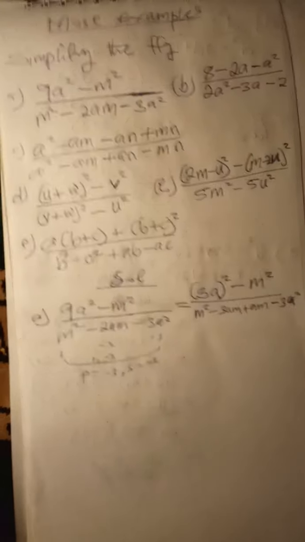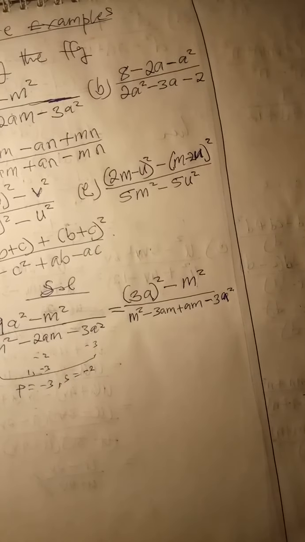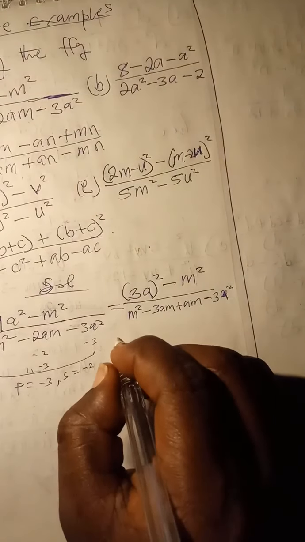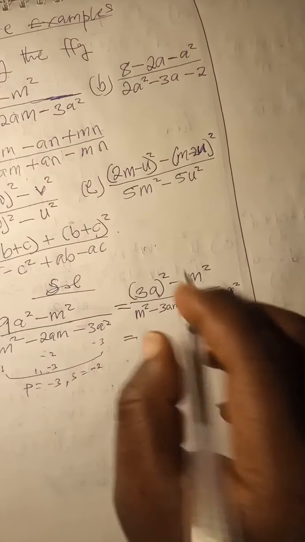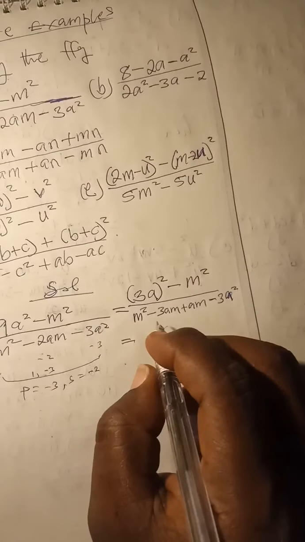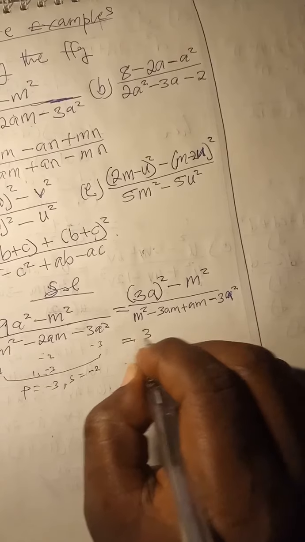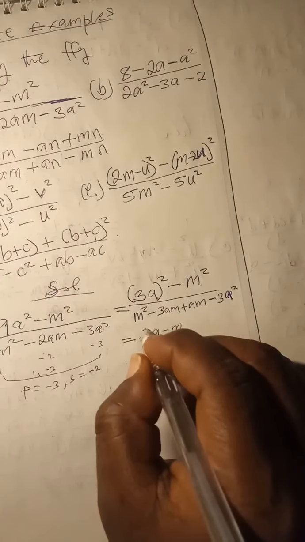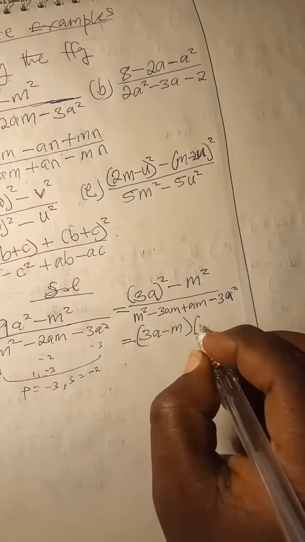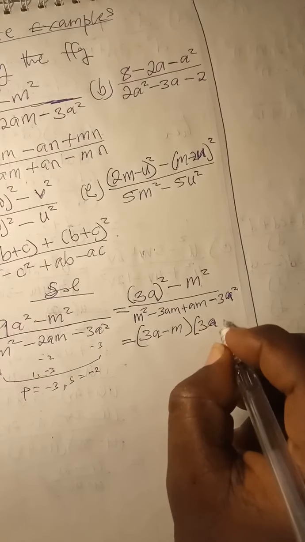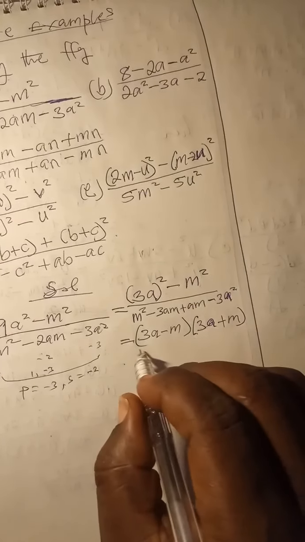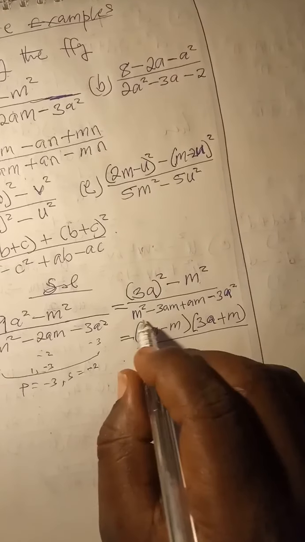With this now, I can factor. The numerator is quite easy. I will just write it as a difference of two squares to give me 3a minus m first, then 3a plus m. Everything over, now I can factor out something here.